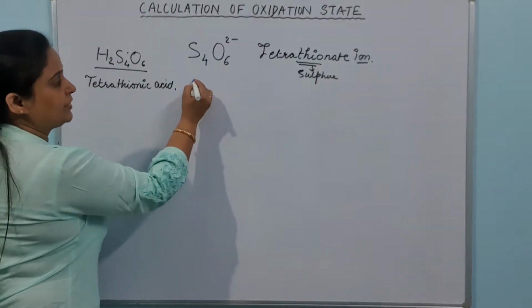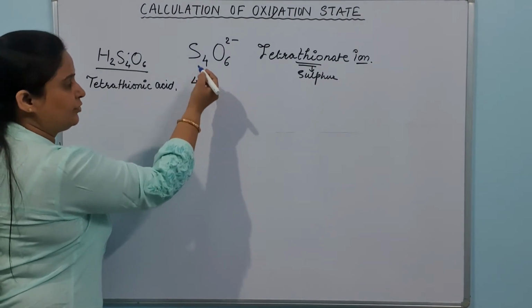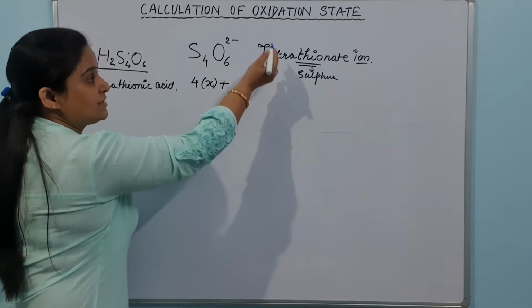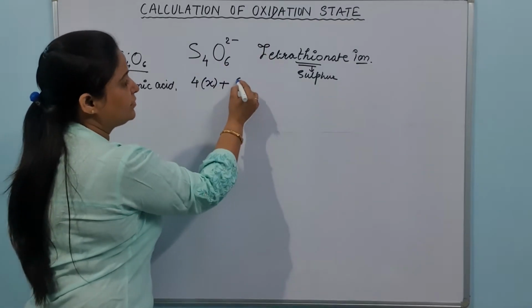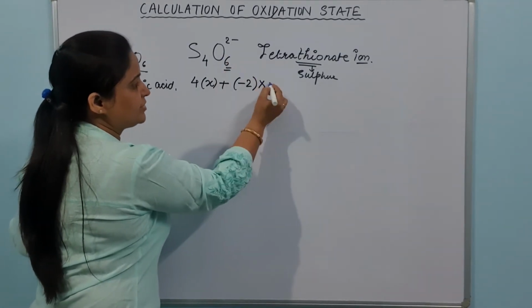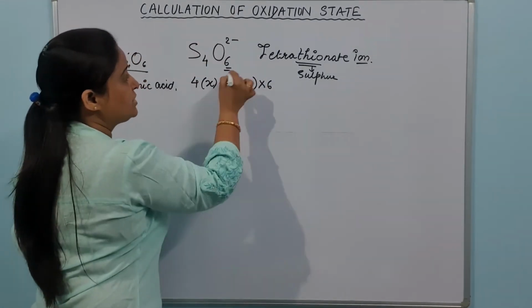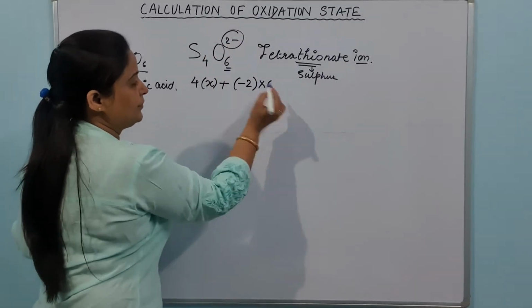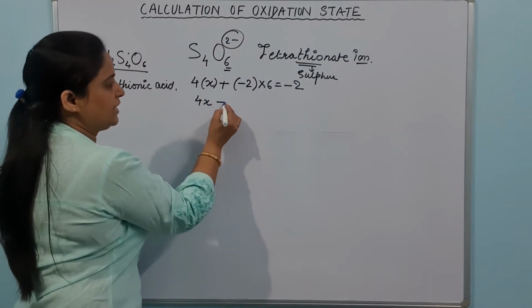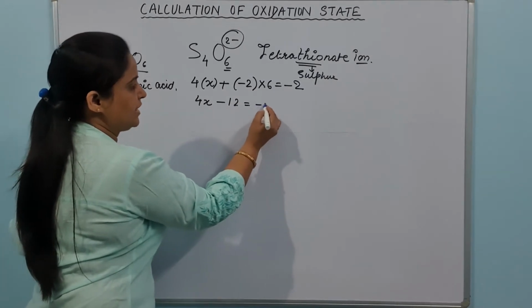Sulfur is what? How many sulfur are there? 4. Oxidation state we don't know because it is an oxo anion. The oxidation state of oxygen is -2 multiplied by 6 because there are 6 oxygen. The overall charge on this ion is -2. So we can calculate: 4x minus 12 equals -2.